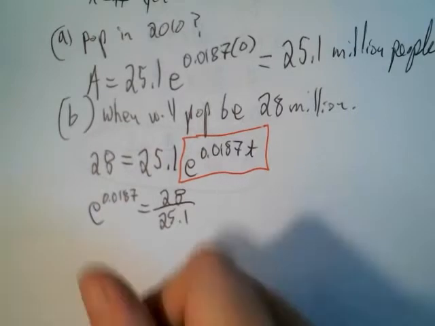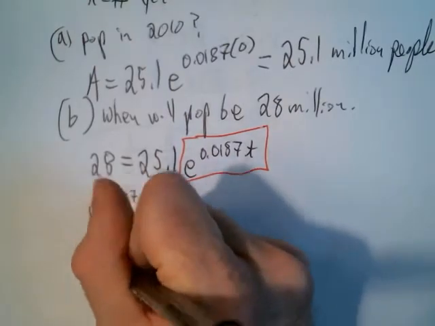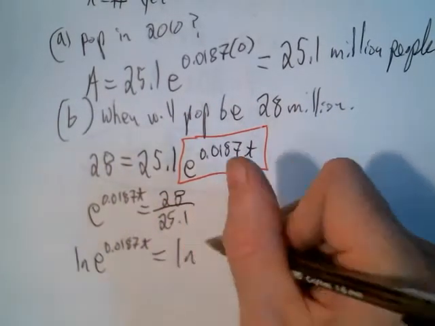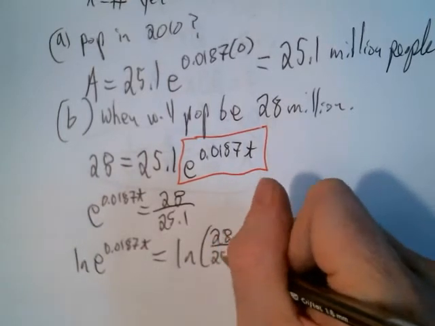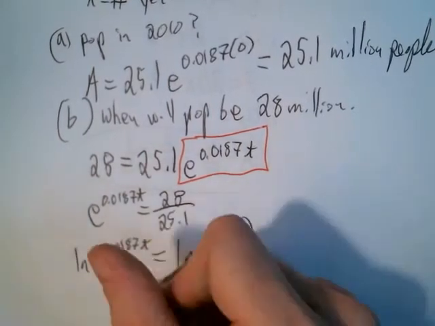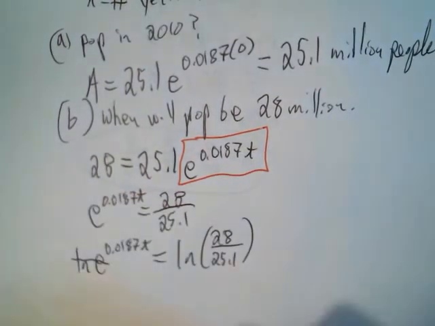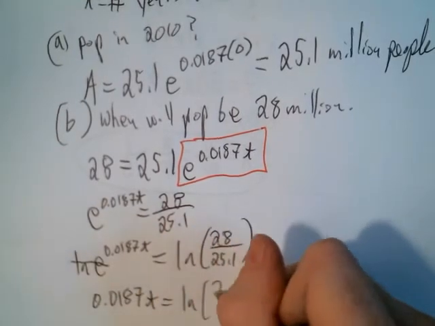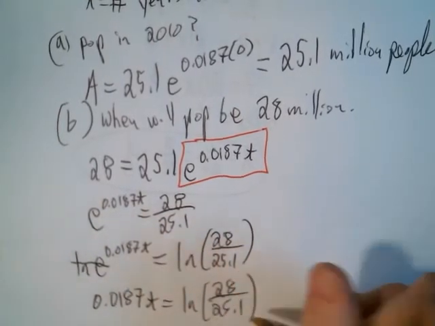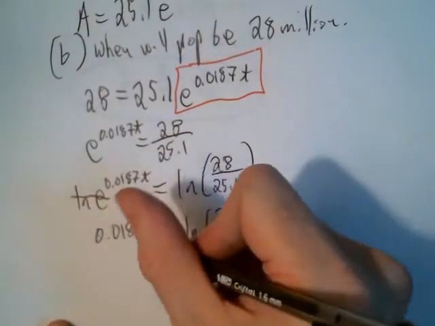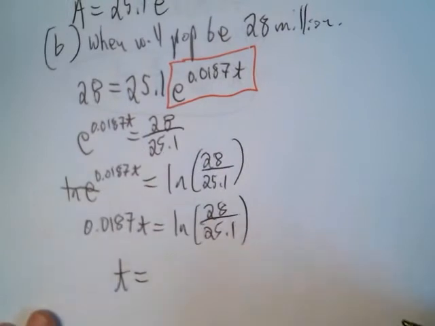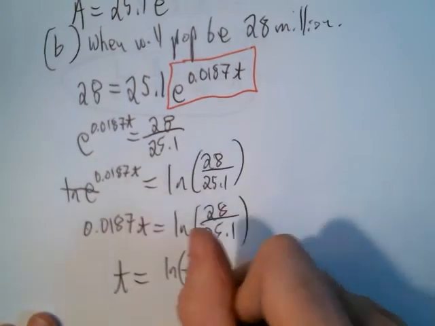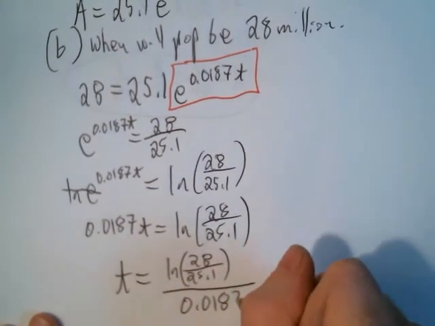You can take natural log on both sides. So ln of e to the 0.0187t, I forgot my t there, equals ln of 28 divided by 25.1. The ln and this e will cancel each other out, just leaving you with 0.0187t. Over here, ln of 28 over 25.1. Finally, divide by this constant here, so you get t is ln of (28 divided by 25.1) divided by 0.0187.